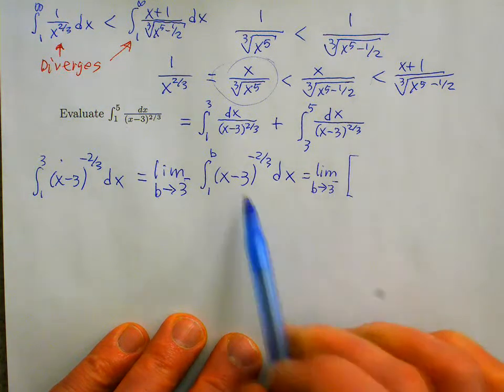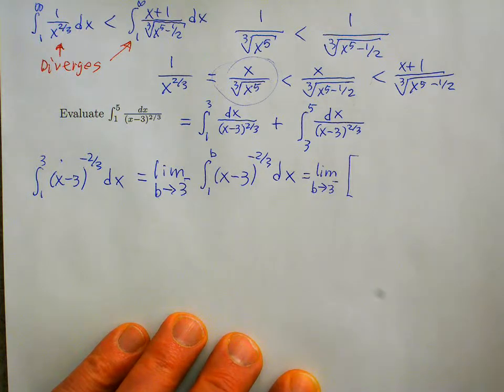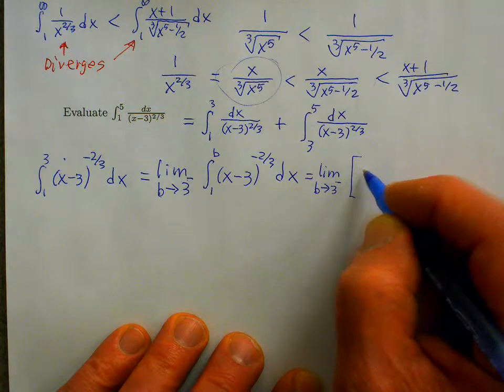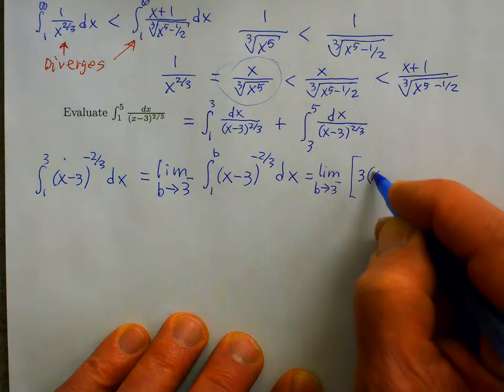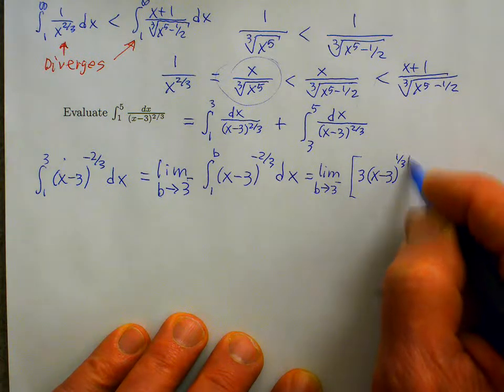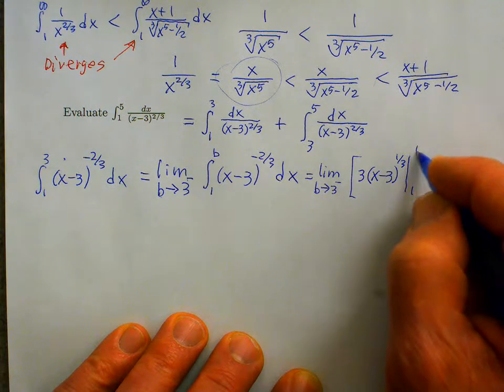Okay, so an antiderivative of x minus 3 to the negative 2/3 is x minus 3 to the 1/3 divided by 1/3. When you divide by 1/3, you multiply by 3. So it's 3 times x minus 3 to the 1/3, evaluated from 1 to b.